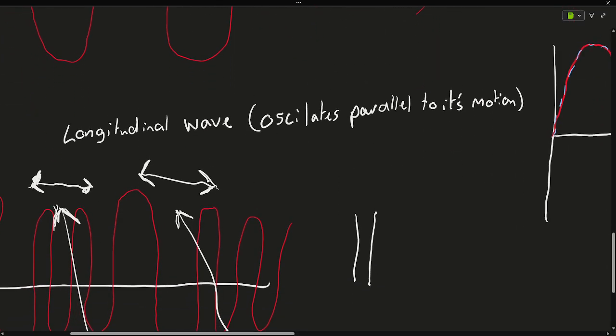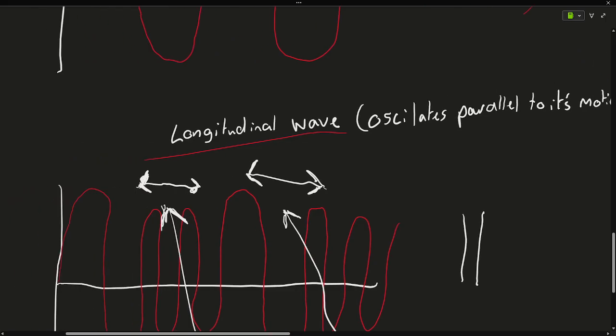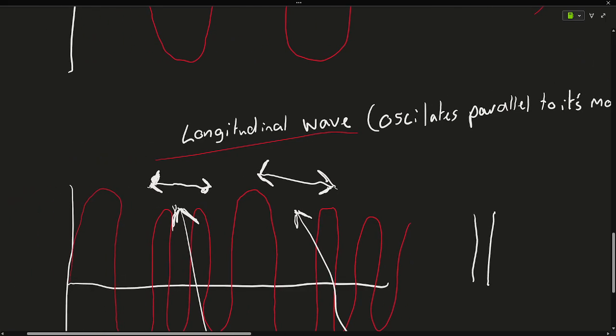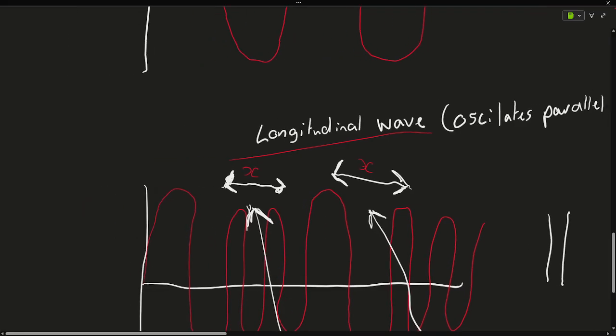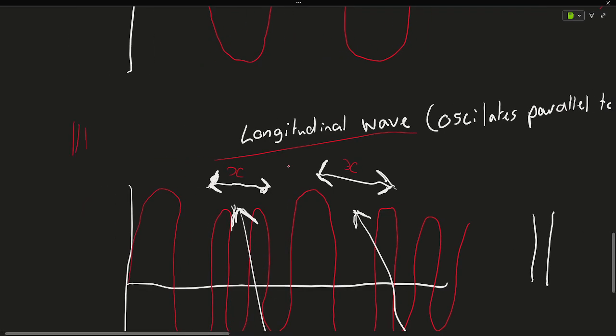Now longitudinal waves oscillate parallel to their motion. So it'll be moving in the x-axis while it oscillates in the x-axis. Think of a slinky.